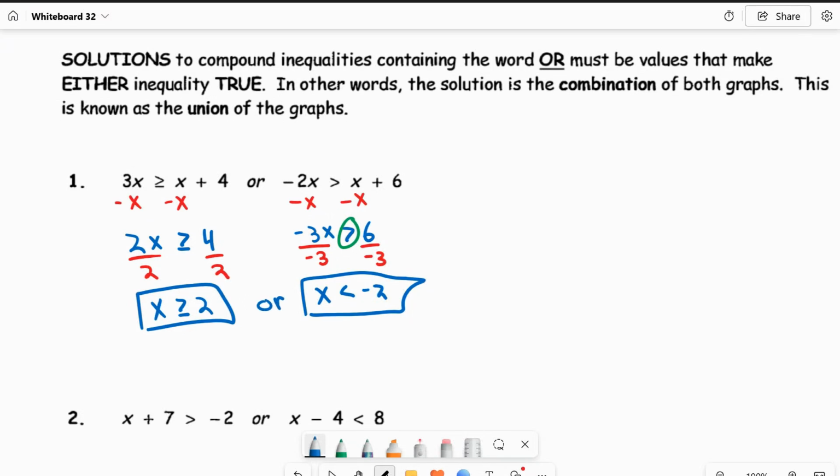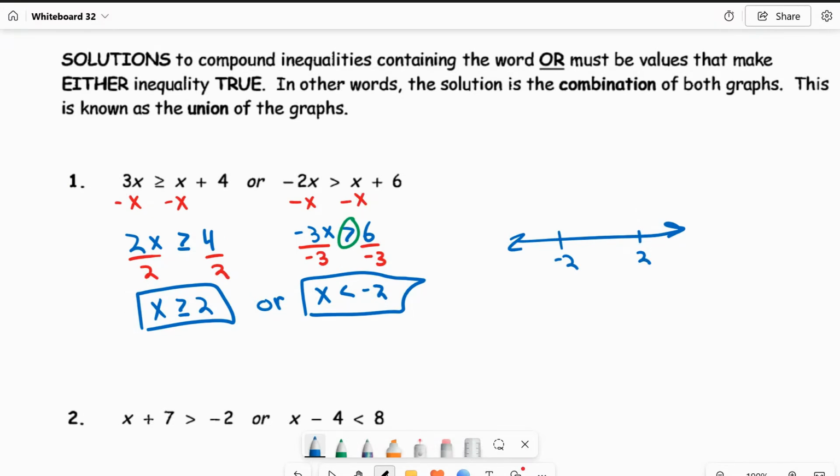The key here is you cannot write your or compound inequalities as one, so you will write the answer as two separate inequalities. Just make sure you have the word or in between. When graphing these, things are just a little bit different. So I'll have my two numbers, negative 2 and 2.